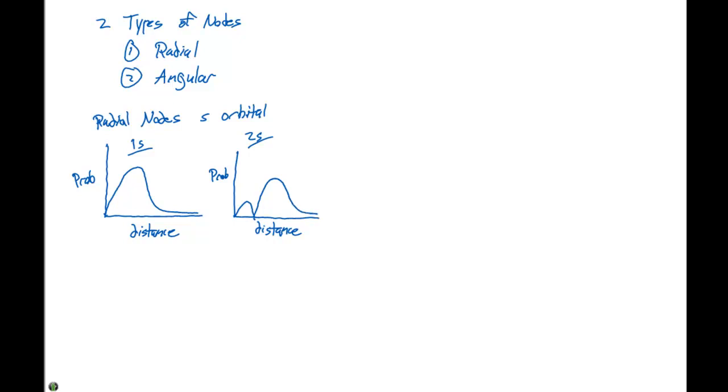And at this point right here, we have a node. For a 3s orbital, if we plot the probability versus the distance, we're going to find that there's 2 nodes there. And the probability of finding that electron farther from the nucleus is going to increase as we increase n, or the principal quantum number.